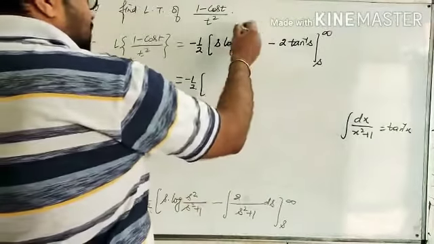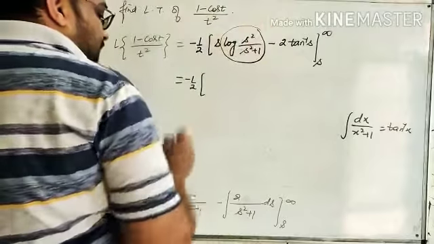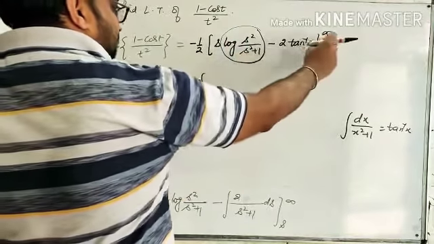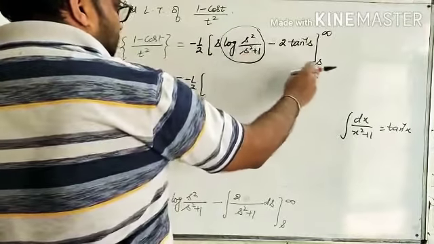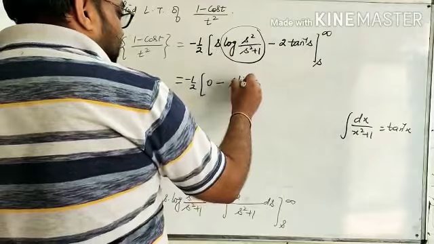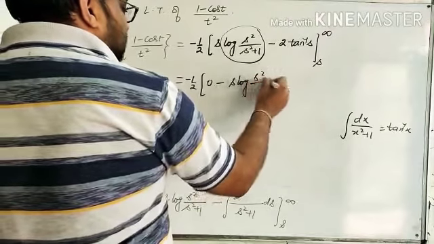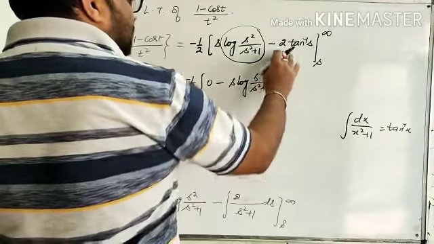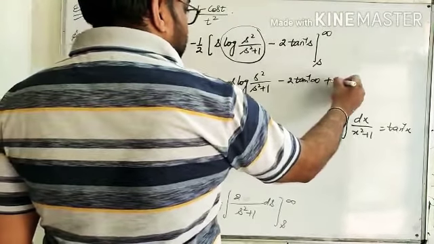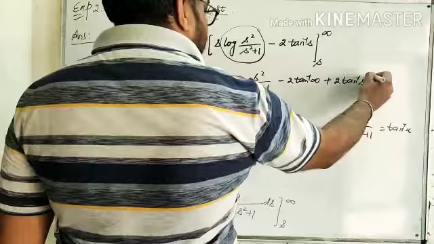So as solved in the previous case, the value of log s square upon s square plus 1 at infinity is 0, and at s it remains as it is. So we can write it as 0 minus s log s square upon s square plus 1, and minus 2 tan inverse infinity plus 2 tan inverse s.